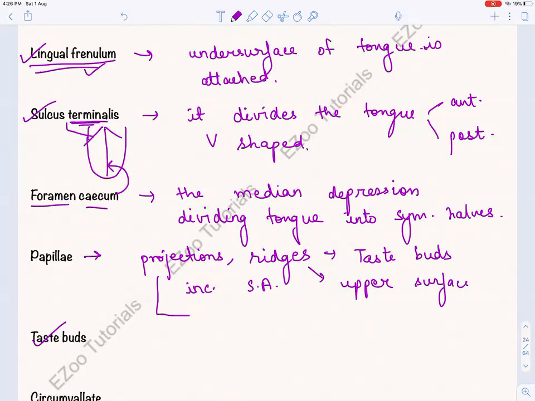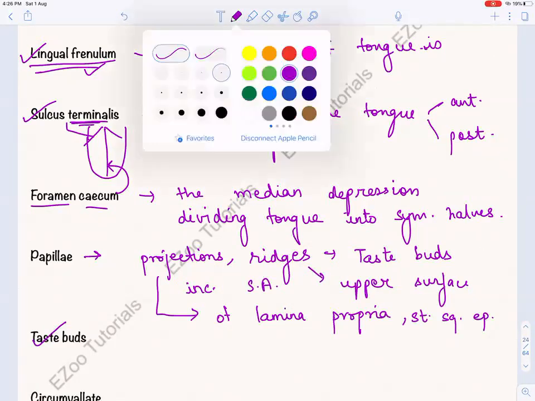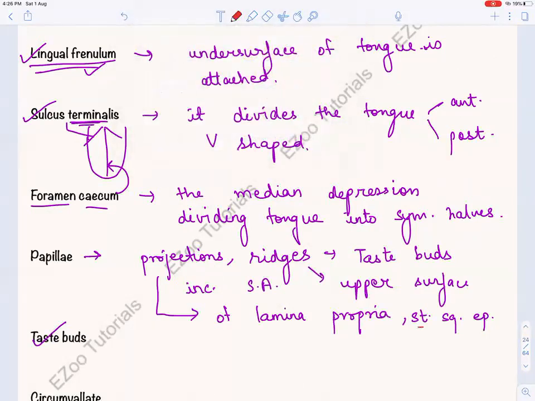When we do the histology, you will understand they are projections of the lamina propria. And they are covered with what? They are covered by stratified squamous epithelium. They are present on the upper surface, have taste buds and increase surface area.